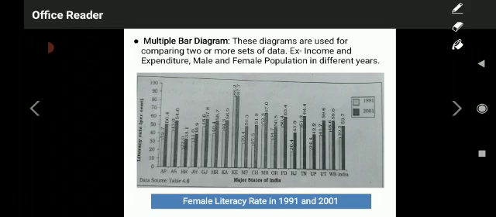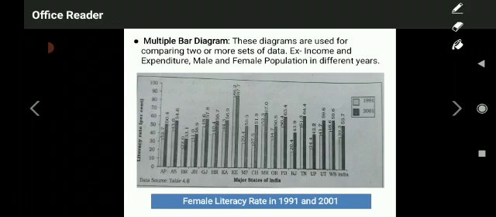When we collect the data of two different activities or two different situations and present it in multiple bar diagram form, it gives accuracy and clear information on that particular information.